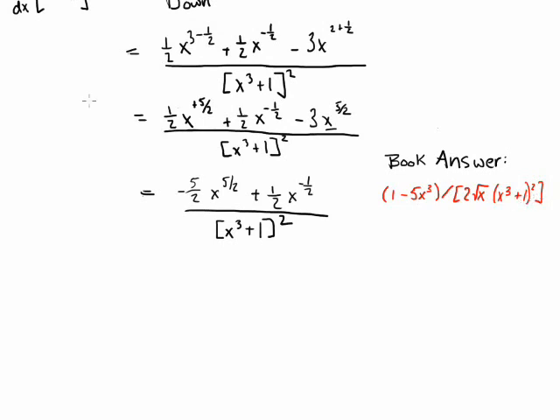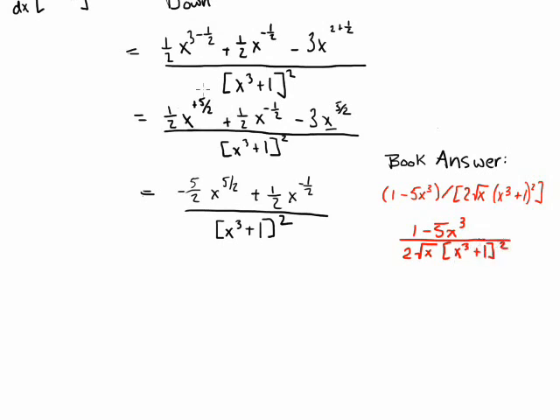You might get to this and say to yourself, oh man, I'm wrong. But are you? Maybe you are, maybe you aren't. One thing we can do is rewrite this in a form that looks close to what we have. This is the same thing as 1 minus 5x cubed divided by 2 square root x times the quantity x cubed plus 1 squared.